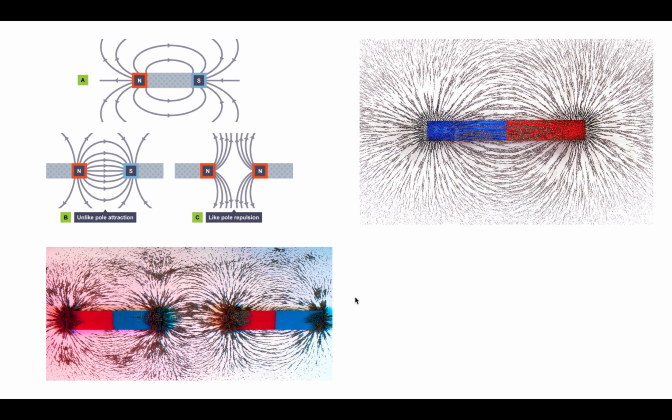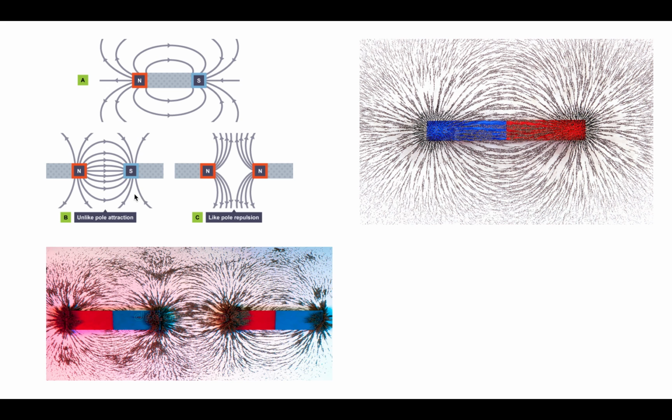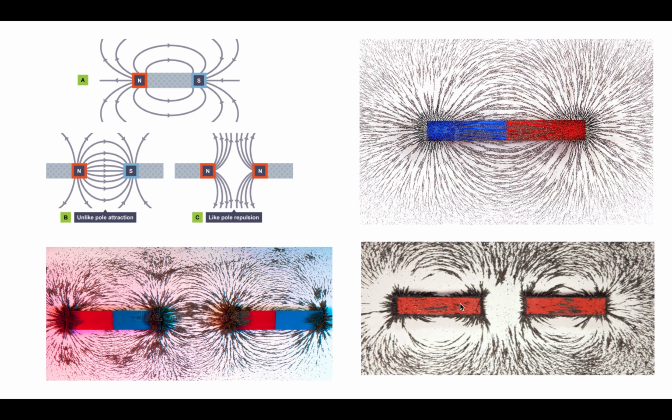And so the iron filings between those, there's a lot right there. And that is because the magnetic field is very strong between the north and south pole. Opposites attract. You also have this right here where you have the same pole, the north pole facing the north pole. And we can see there's no iron filings between those two. That is because the magnetic field is very weak right there.